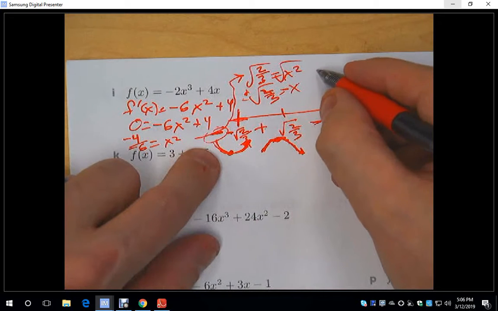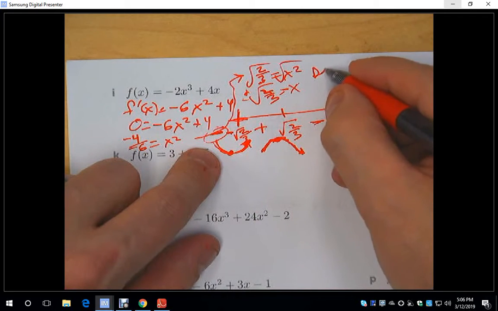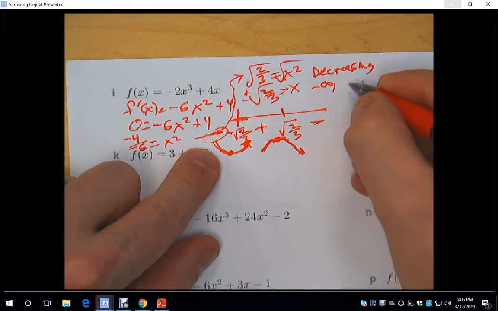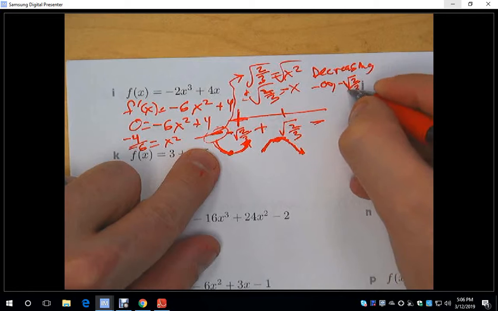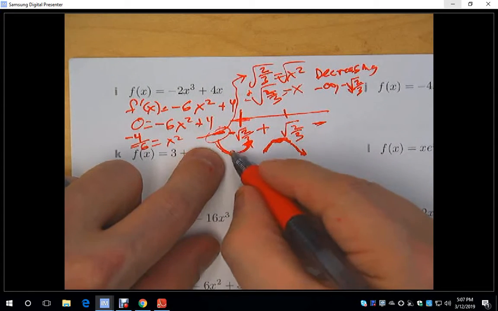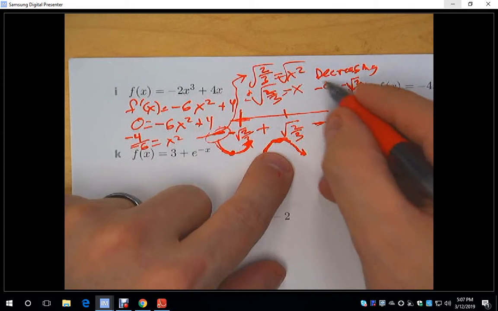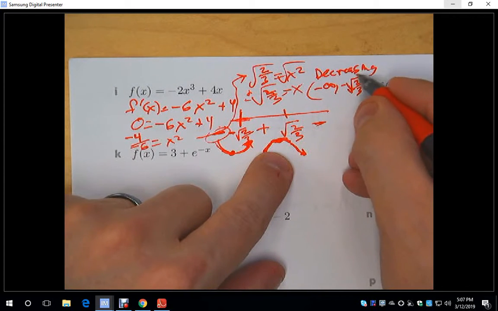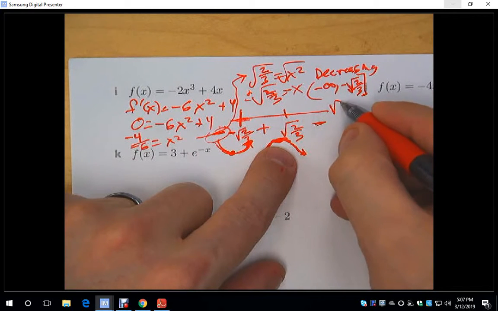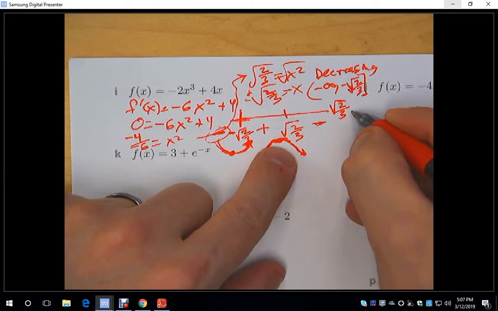So our graph is going to be decreasing from negative infinity all the way to negative the square root of 2/3. I apologize, these are going to be included. And then we're going to be decreasing again from the square root of 2/3 all the way to infinity.